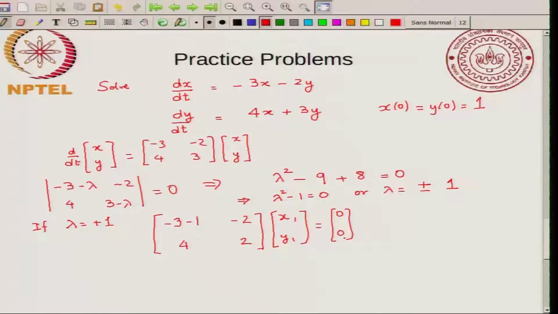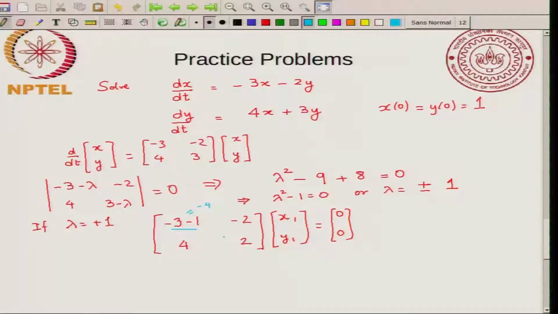So we have this equation, and you can clearly see minus 4 minus 2 and 4 2 are the same equation. So obviously they should be linearly dependent. This term is equal to minus 4, so you have minus 4 minus 2 in the first row and you have 4 2 in the second row, and clearly the first row is just minus 1 times the second row. So clearly these two rows are linearly dependent.